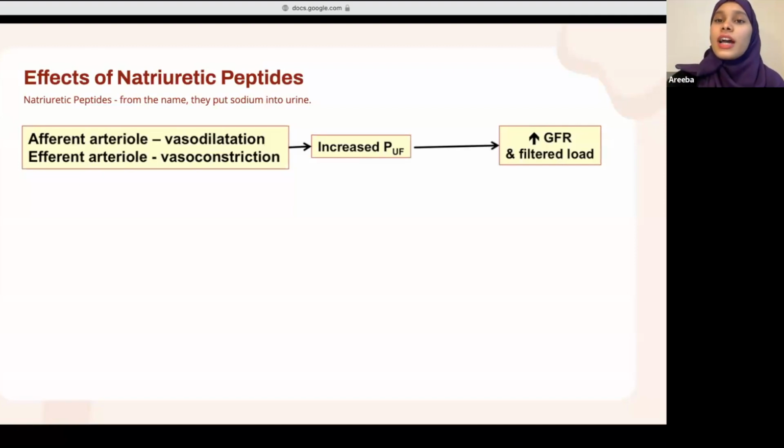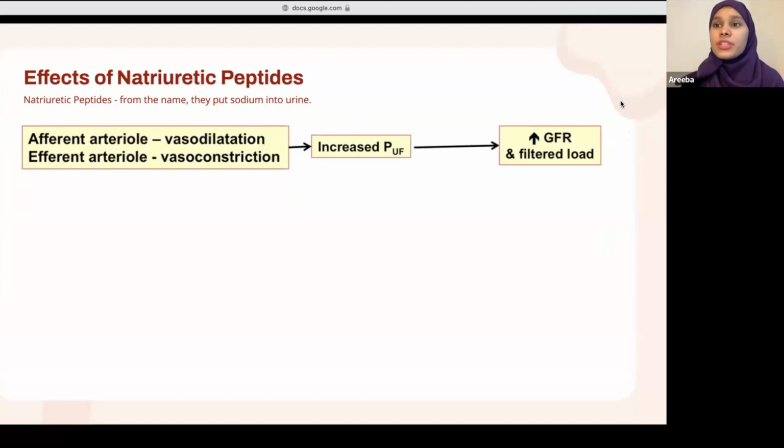So first we're going to look at the arterioles. What effects do natriuretic peptides have on the arterioles? For the afferent arteriole, they're going to dilate it, and for the efferent arteriole, they're going to constrict it. What happens is, we saw this earlier, if you dilate the afferent, you're going to have more blood flowing in, and then the efferent arteriole, if you're constricting it, you're going to have essentially a lot of blood that's there in the filtration part, right?